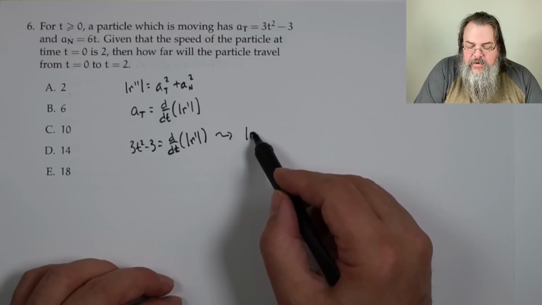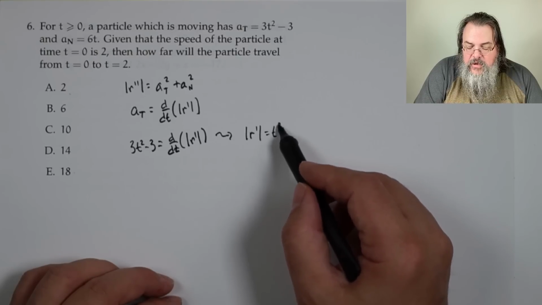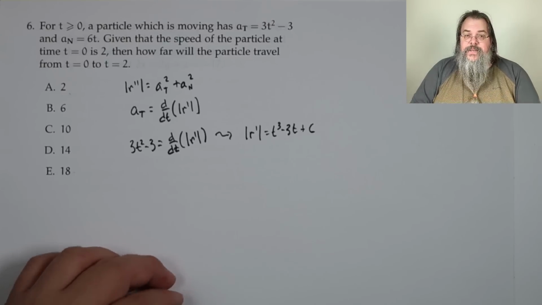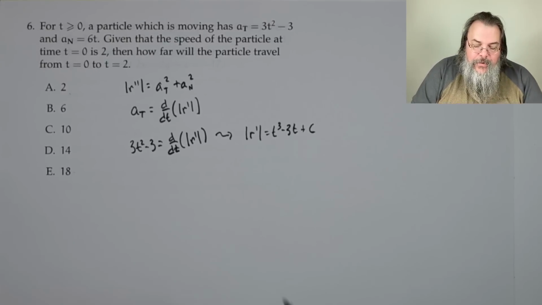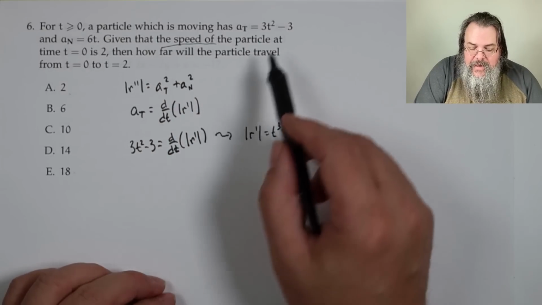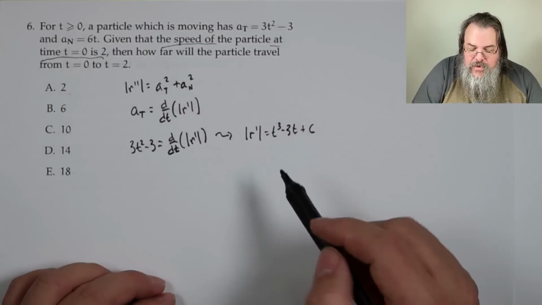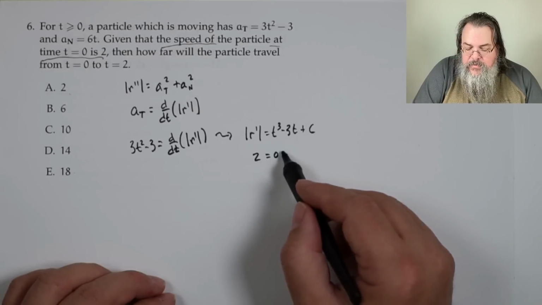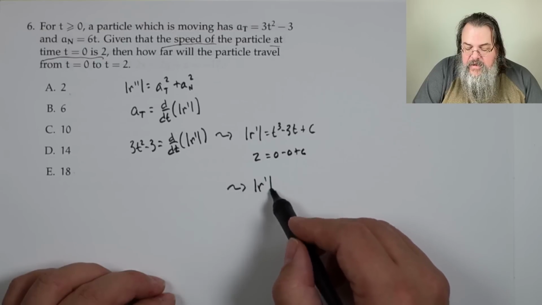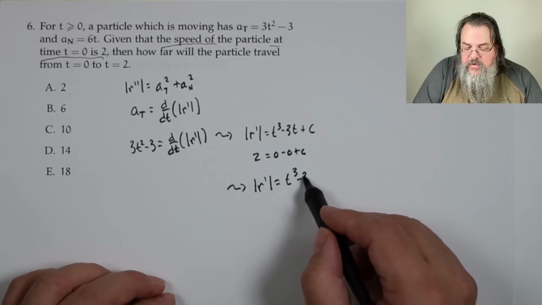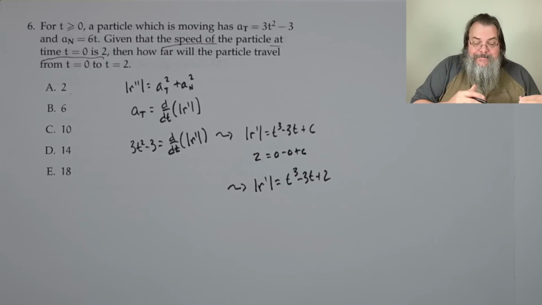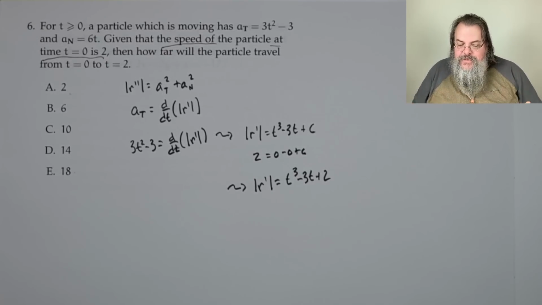That tells us that the magnitude of r prime is t cubed minus 3t plus some constant c. Can we solve for our constant? Well, we are told that the speed, that's the magnitude of r prime, at time 0 is 2. So we get that 2 is equal to 0 minus 0 plus c. So we say, aha, the speed is t cubed minus 3t plus 2.